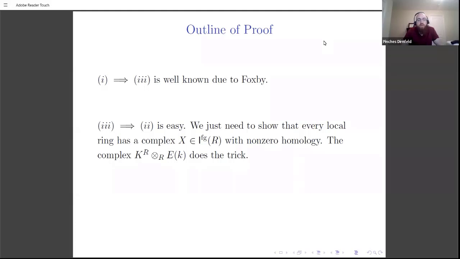On the other hand, m annihilates K^R. So this is an exercise in Bruns-Herzog to show that this actually has finite length homology.